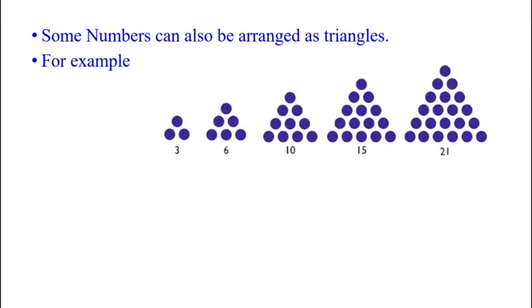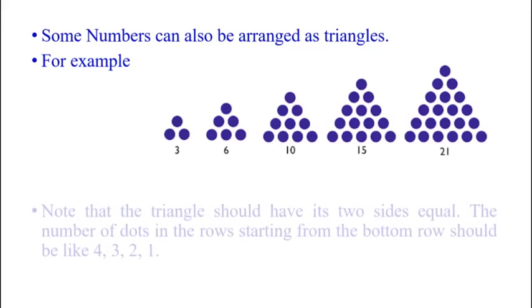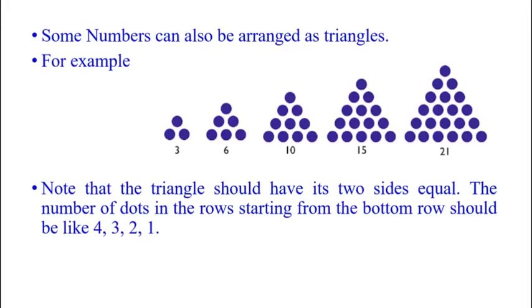Some numbers can also be arranged as triangles. For example, number 3, 6, 10, 15, 21 and so on. These numbers can be arranged as triangles. So you have to note that the triangle should have its 2 sides equal.